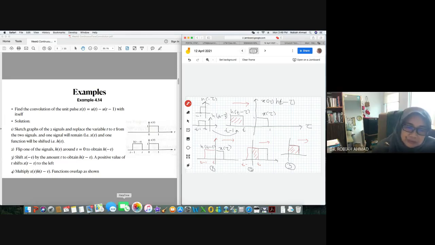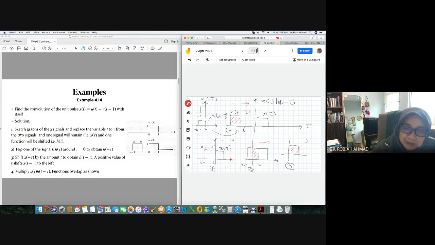So case 1, kalau kita tengok dia nak start overlapping when T more than 0. Okay? Bila T itu dah positive value, then we can see there is overlapping. So before this, there is no overlapping. So that is where T less than 0. So this is the first case.